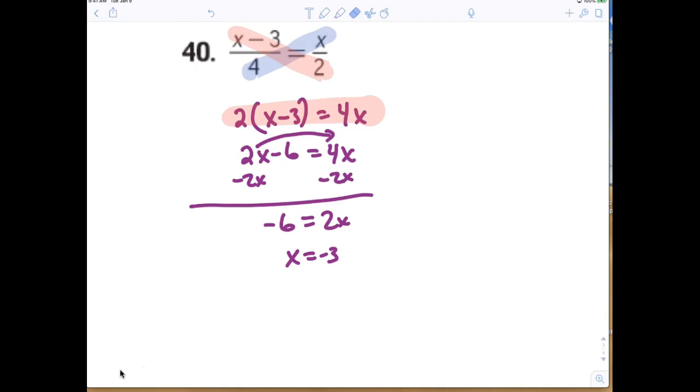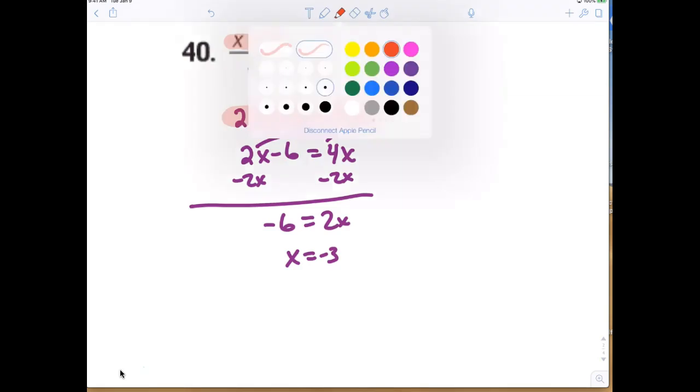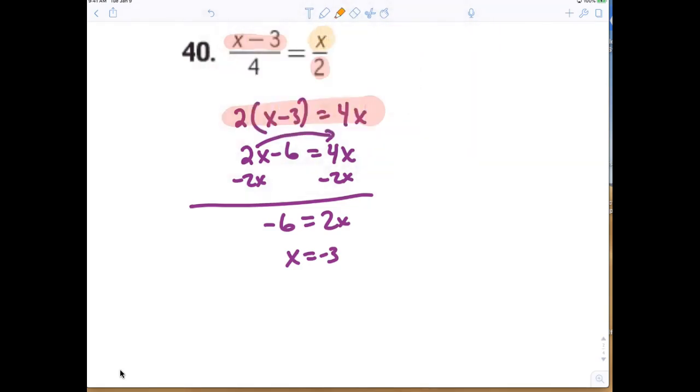So let's go back to this. A lot of times kids forget you're cross multiplying, so you're multiplying that times that. Do you agree with that or not? And then you multiply x times 4. You with me? Now from this part right here, I just distributed 2.